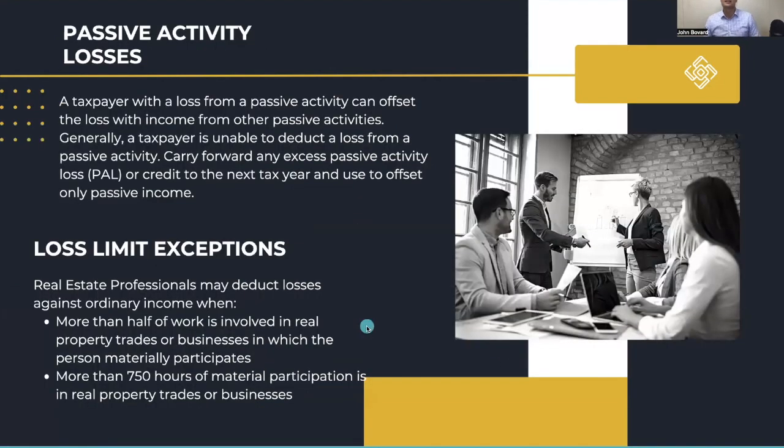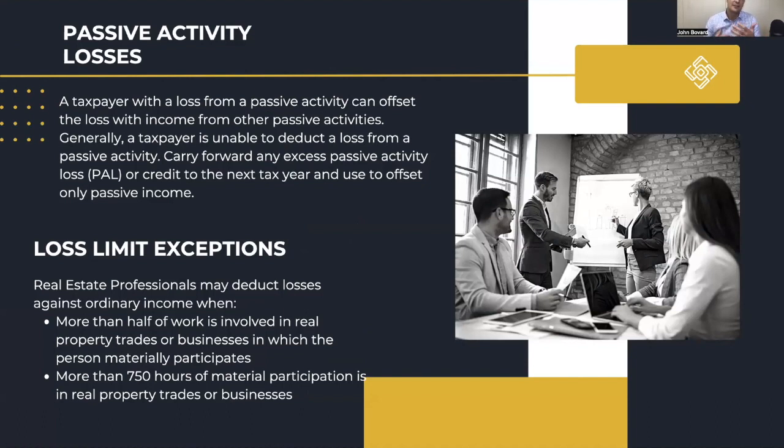And lastly, what I wanted to talk with you about is some of the rules around passive activity. So this mainly applies if you are a real estate investor. So if you're a real estate investor, looking at your passive activity losses, and what you could potentially deduct for those.